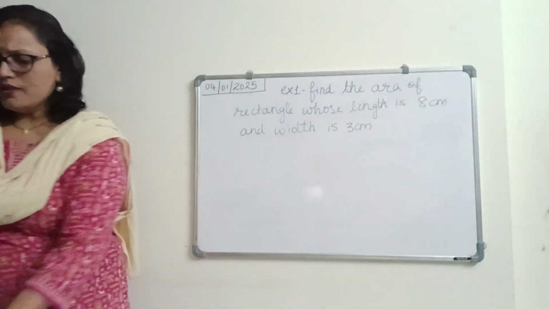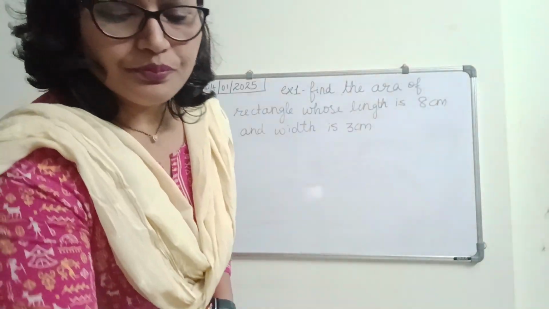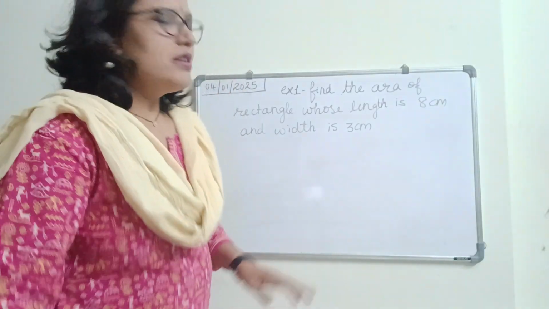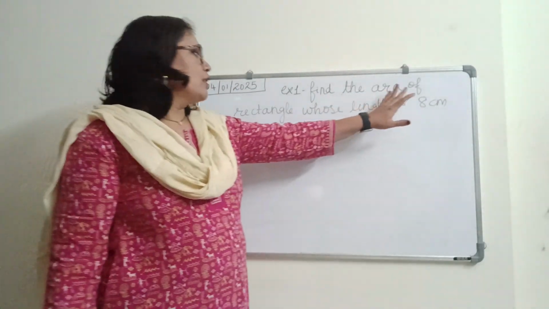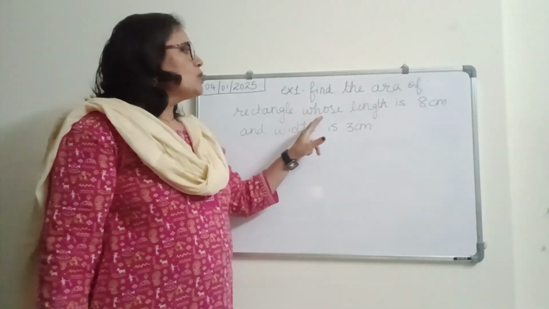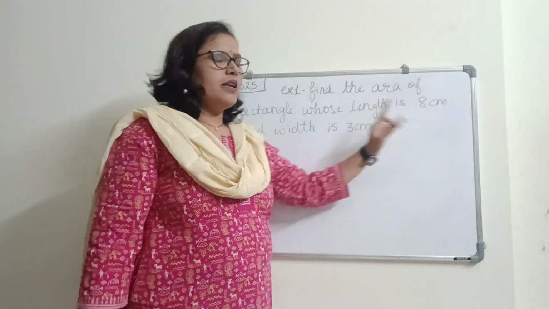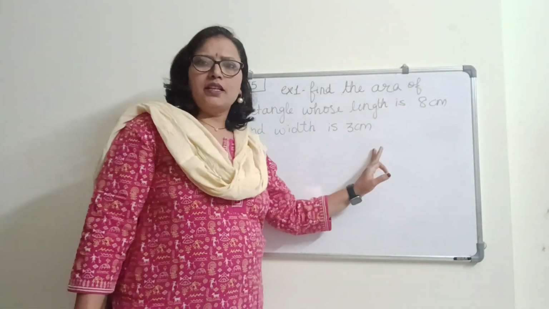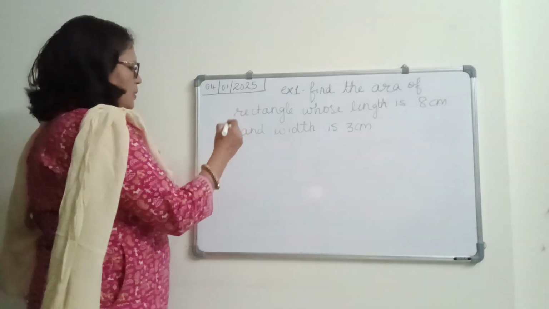Here the sum is given. What they asked here: find the area of the rectangle whose length is 8 centimeter and width is 3 centimeter. So we have to do the solution.